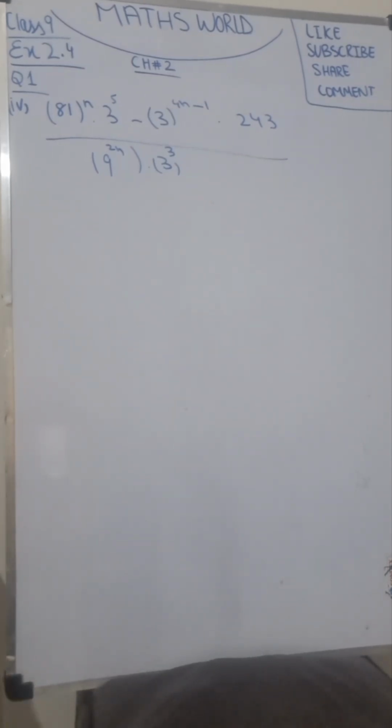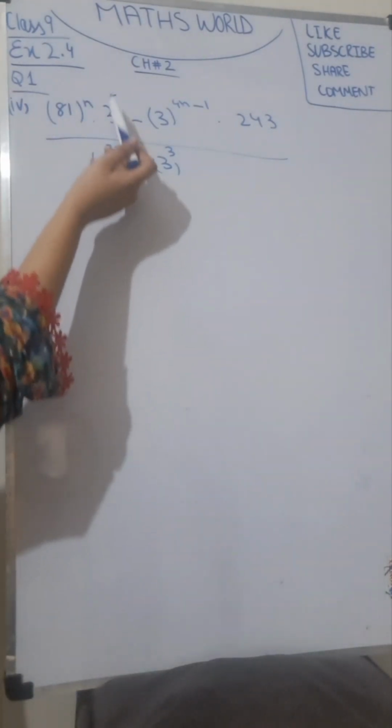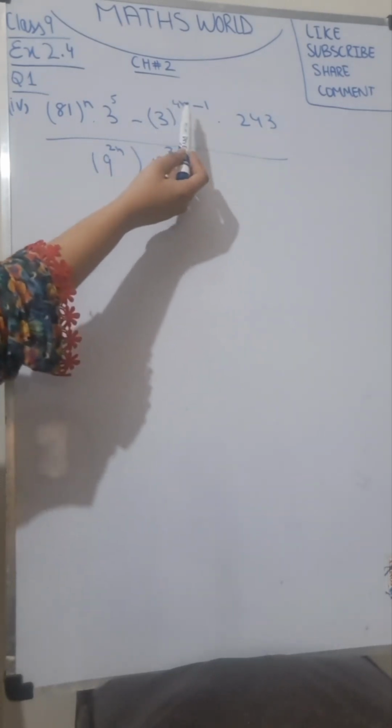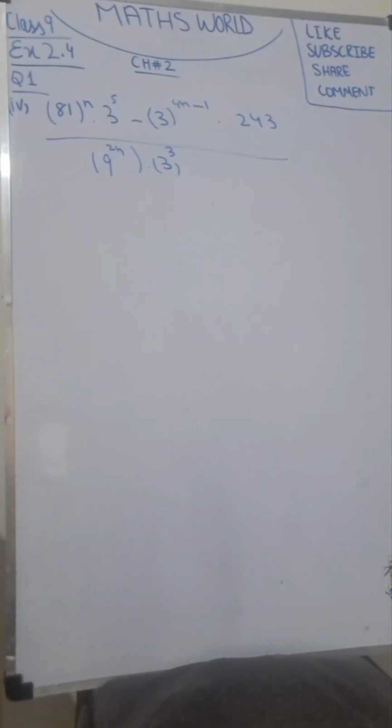So let's start. The expression is (81 × 3^5 − 3^4n − 1) divided by (243 × 9^2n).